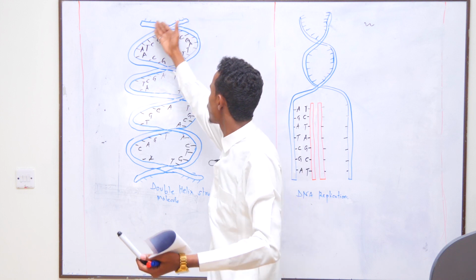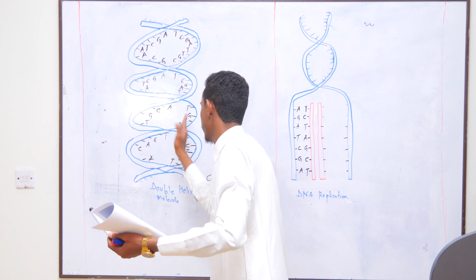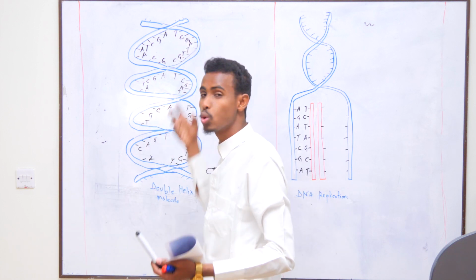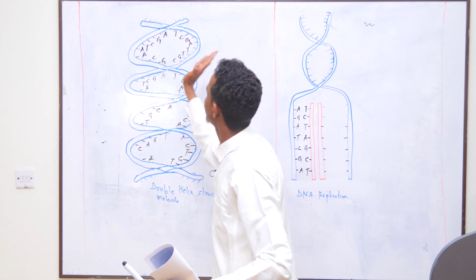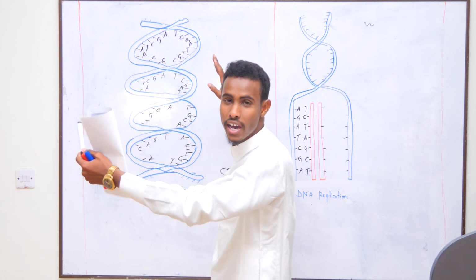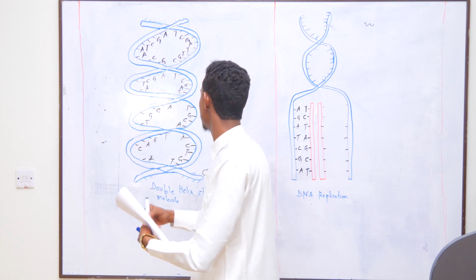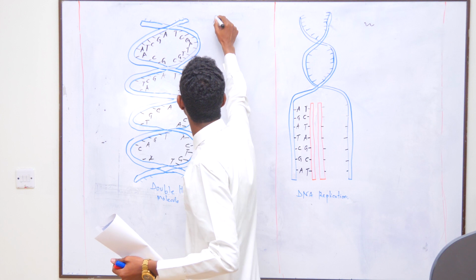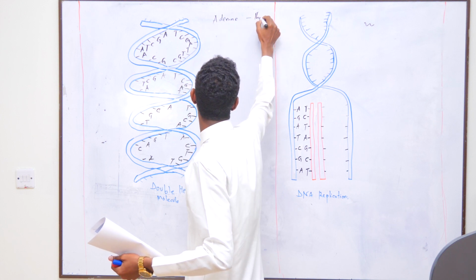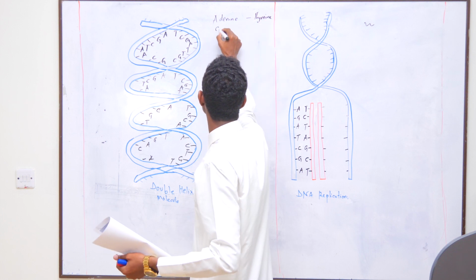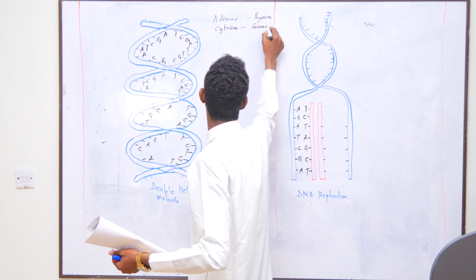Class, this is one strand, and this is another strand, and we can see that these two strands are twisted on one another. On either side of each strand is the arrangement of the four nitrogenous bases: adenine pairing with thymine, and cytosine pairing with guanine.